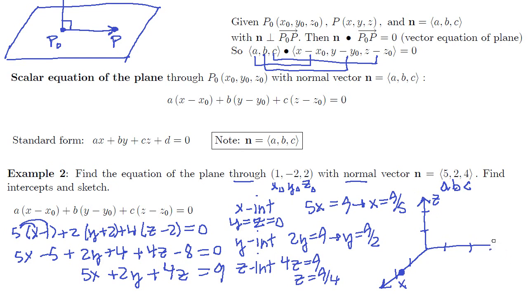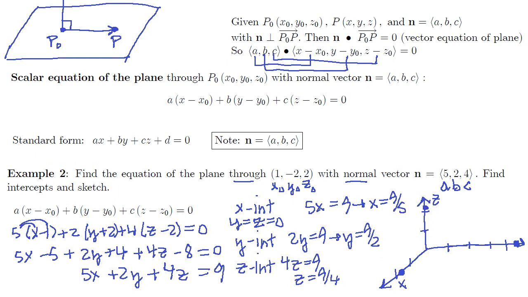Have to extend our y-axis and maybe change the scaling here a little. So 1, 2, 3, 4. So 4.5, about right here. And then our z-intercept 9/4. So that's a little bit more than 2. That's 2 1/4, about right there.